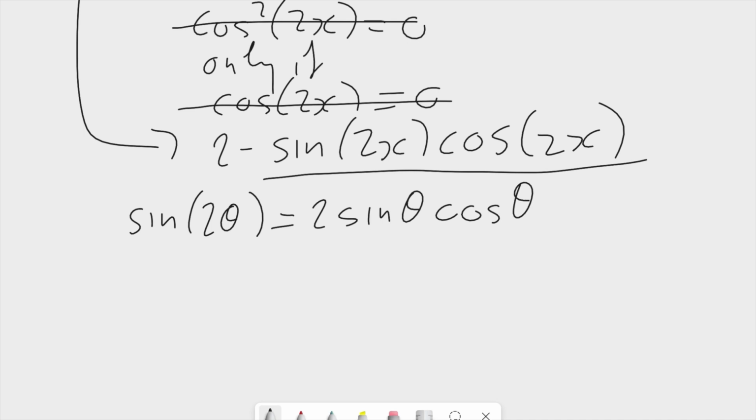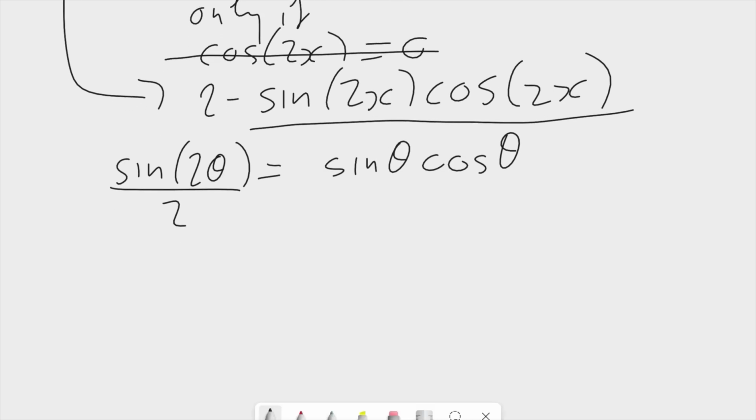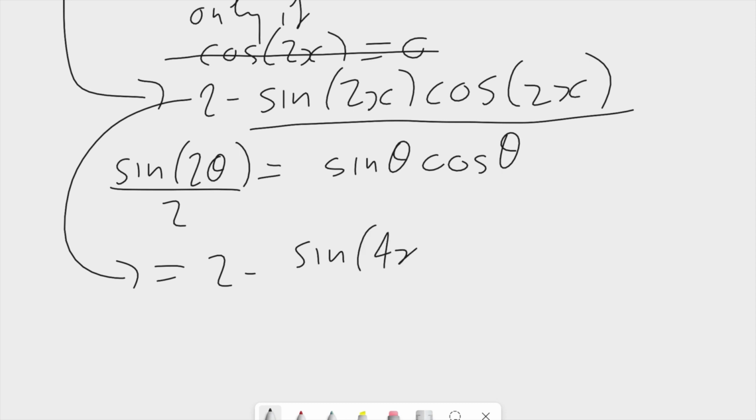We can divide both sides by 2, and we get that sine 2 theta over 2 equals sine theta cos theta. Now this means that we can change this, and this is equal to 2 minus sine of 4x over 2.